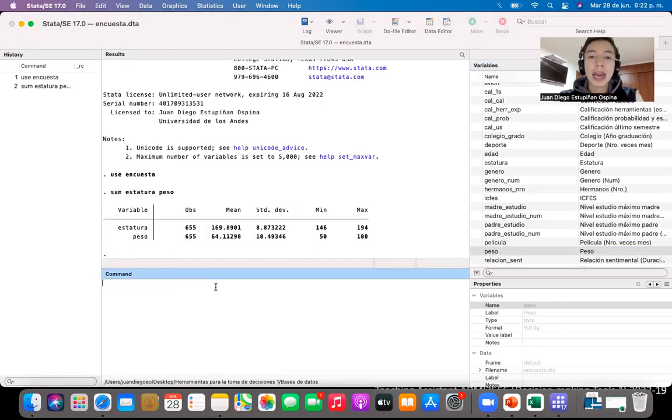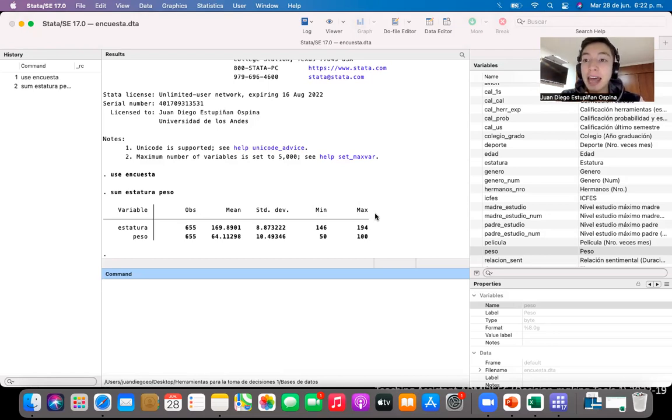And here, just as I showed you in the last video, we can analyze the number of observations from both variables, the mean, the standard deviation, and the minimum and maximum values that those variables assume.